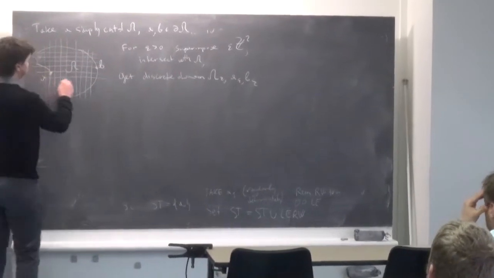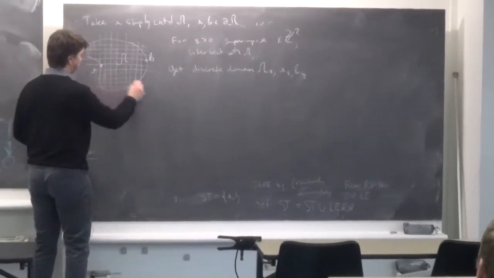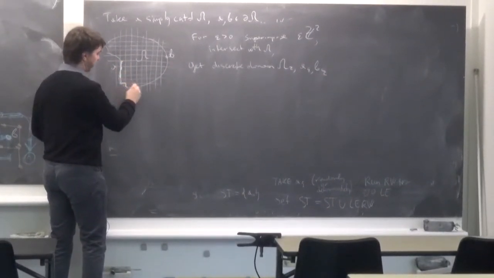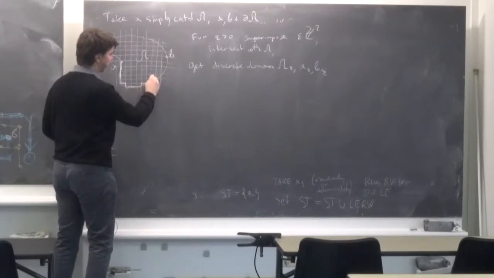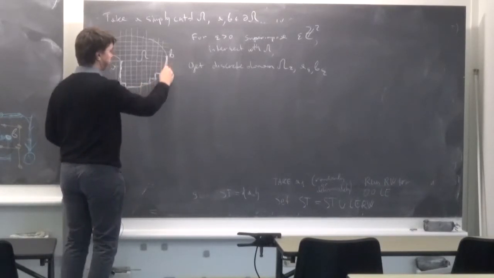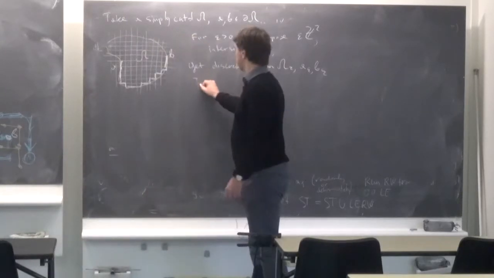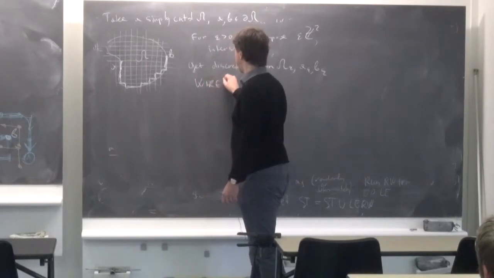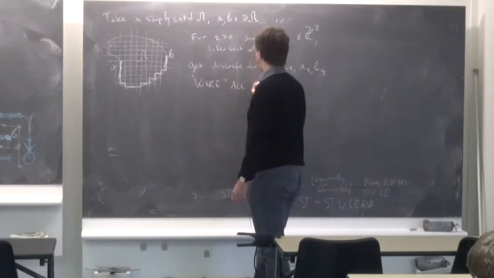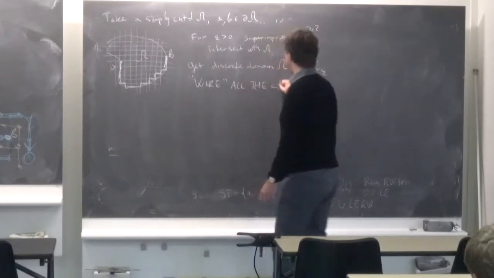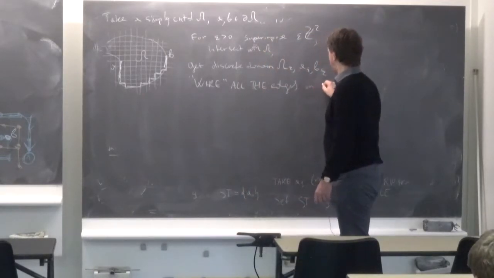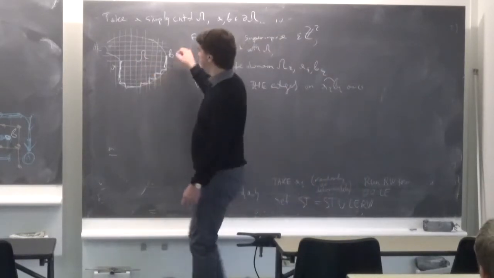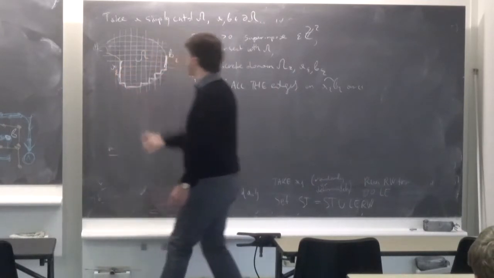Then what we do, we add all the edges on the arc between A and B. So we take wire all the edges on the A epsilon, B epsilon arc, so from A to B, counterclockwise.